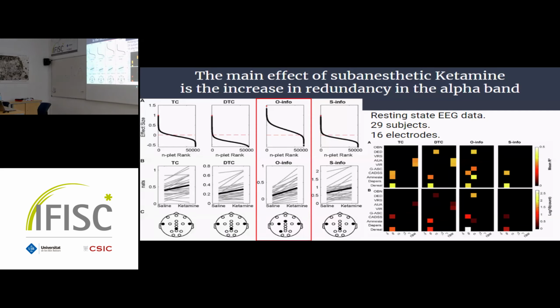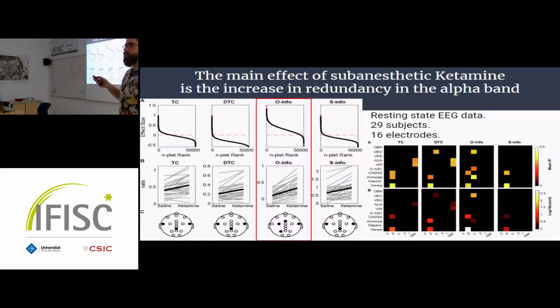You can find here that if you compute these metrics in different frequency bands, you find high and significant correlations, specifically in the O information, with derealization and a little bit of amnesia.